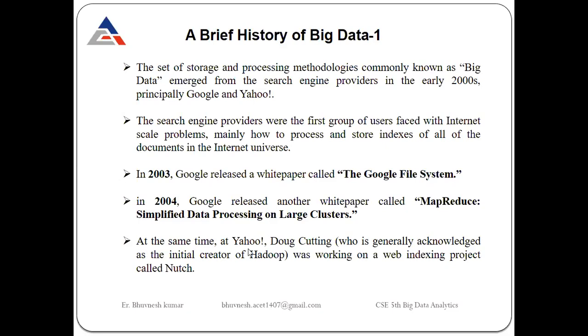At the same time, at Yahoo, Doug Cutting was working on a web indexing project called Nutch. Okay. When Google was facing that problem, Yahoo had a developer, whose name is Doug Cutting. He was already working on a distributed file system, and that project name is Nutch.